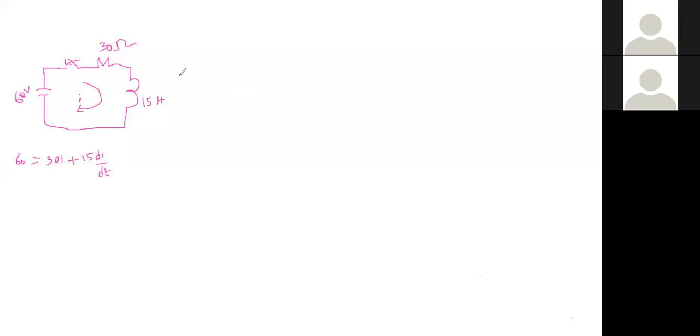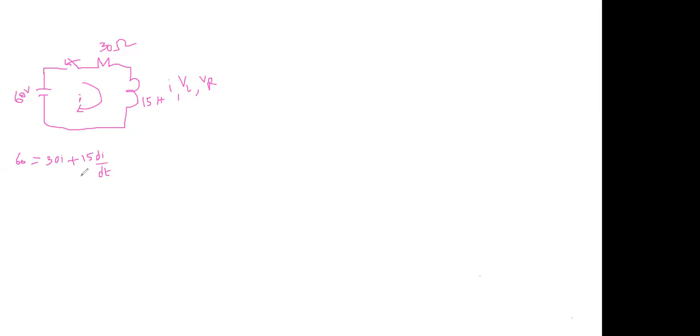Our aim is to calculate I, voltage across inductor, and voltage across resistor. Here, this is the voltage equation. Applying KVL, the voltage equation is 60 equal to 38 plus 15 di by dt.